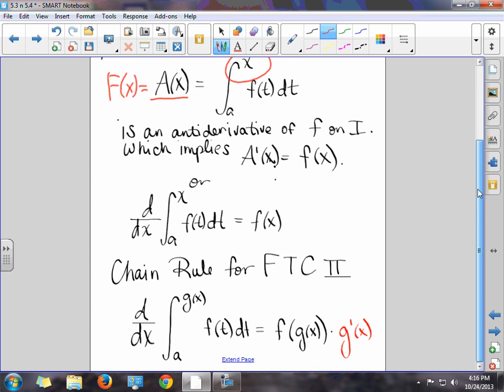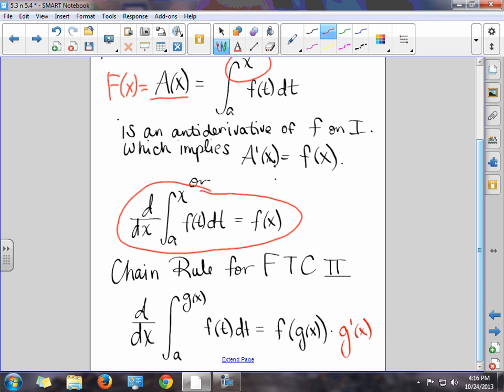One neat thing that this does is that it relates the derivative and the integral and shows that they are inverses of each other. This is another really neat part of it. This tells us that d/dx, the derivative with respect to x, of this area function is equal to our original function f of x.